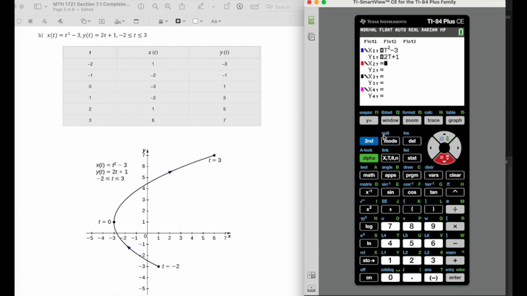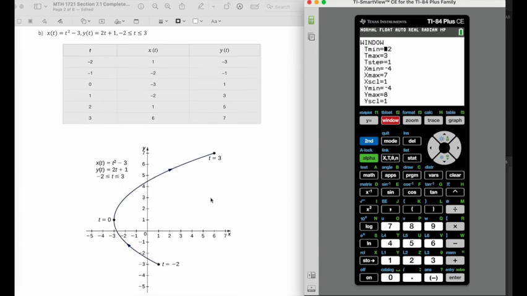Now, to adjust our window, we now have to take t into consideration, not just x and y. So let's go to our window. Let's see, our t is going to go from -2 to 3. So I'm going to put my t min as -2 and my t max is 3. And right now, let's put it into step 1 because I want to show you something, but you can change the intervals here.